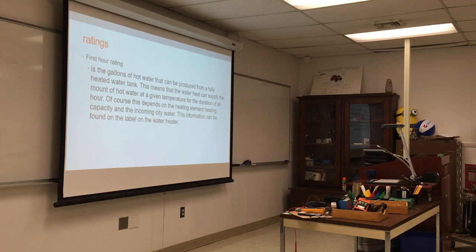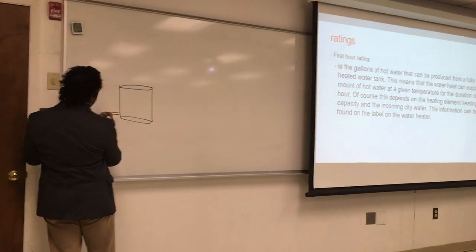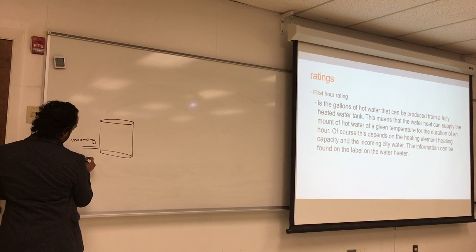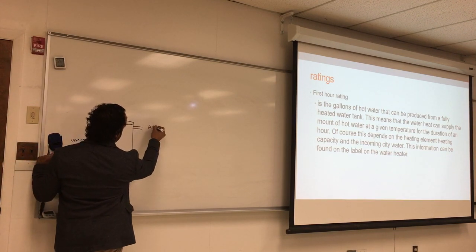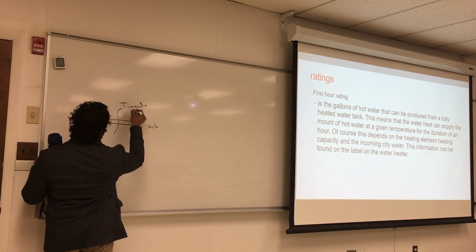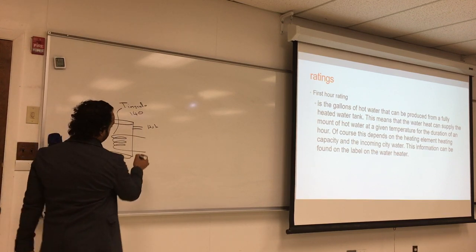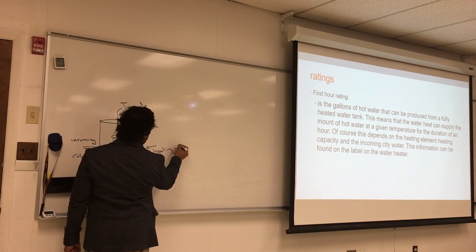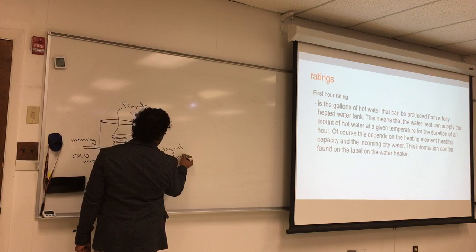So if you have a tank, and you have incoming water, and you have hot water coming out, and the water inside is 140, and you have either a heating coil or indirect heating here.